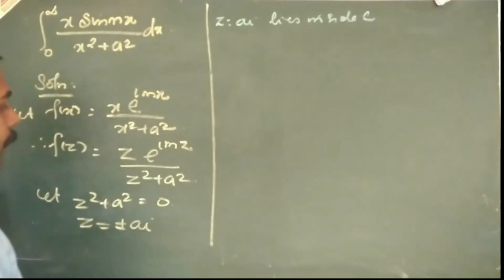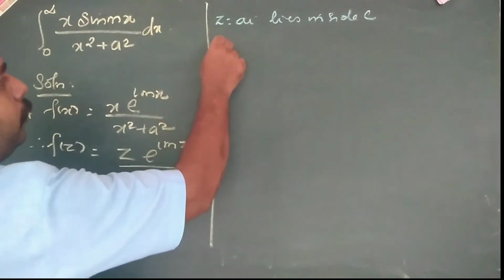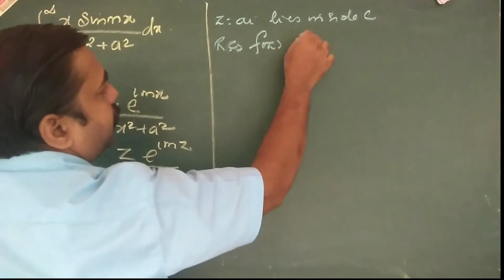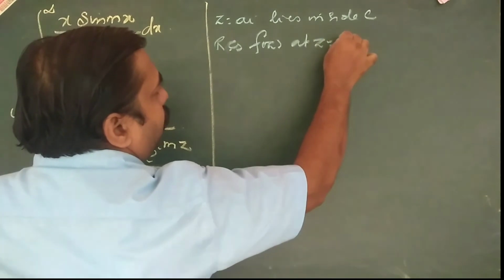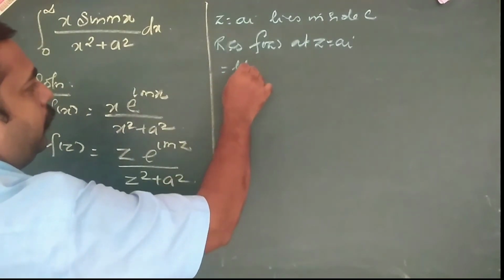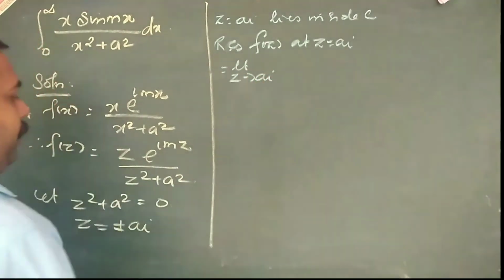Therefore the residue of f of z at z is equal to ai equals the limit as z tends to ai.